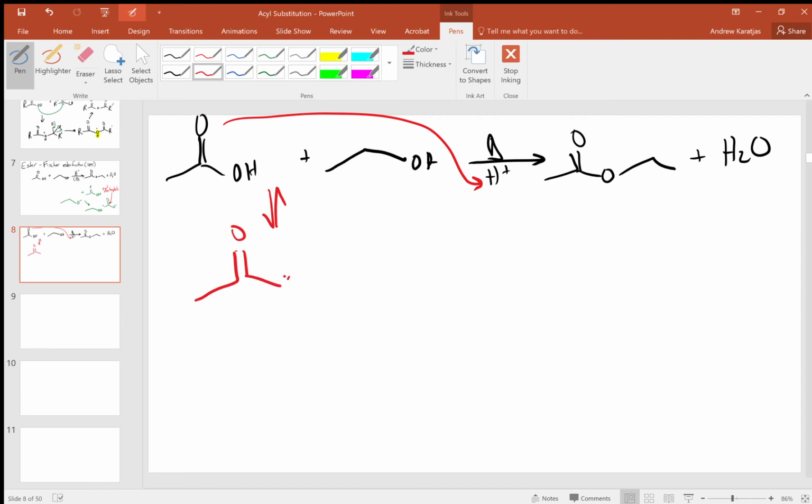And if you recall, by protonating that carbonyl, we made it a better electrophile. And by making it a better electrophile, now something that's a worse nucleophile, like an alcohol, is more able to attack.